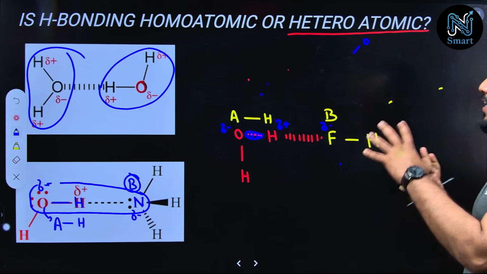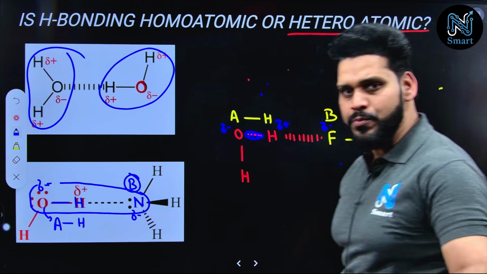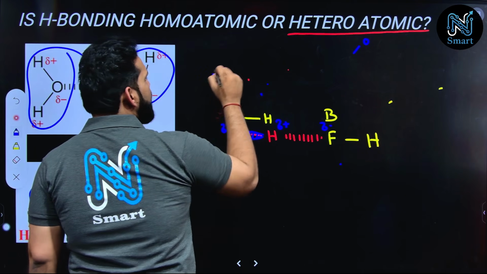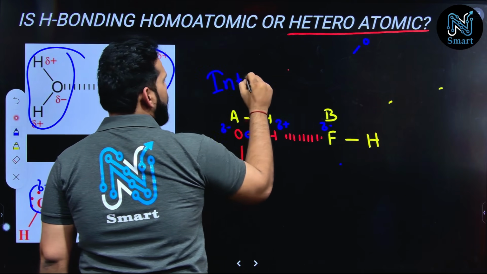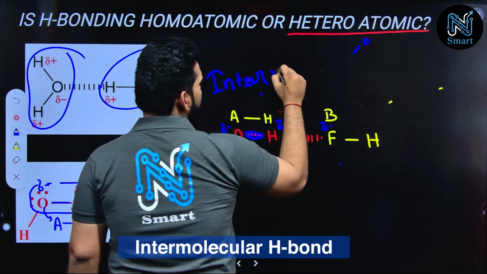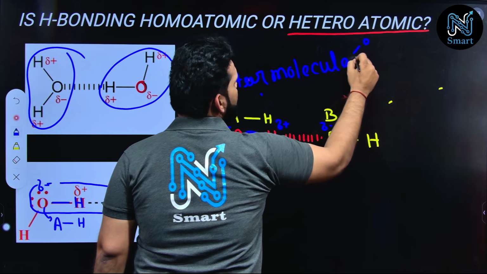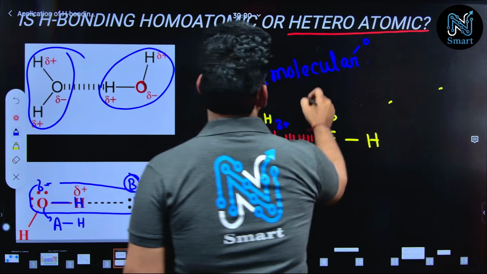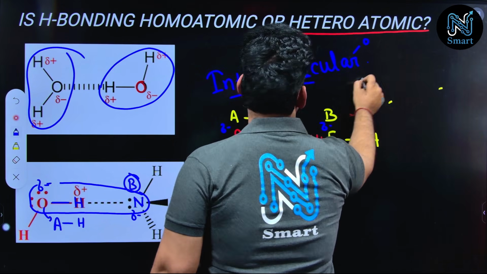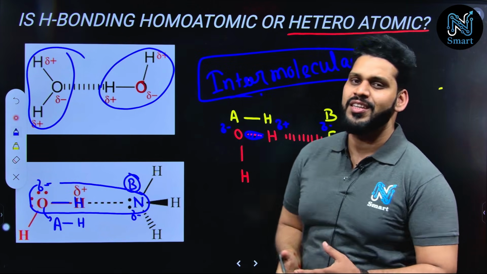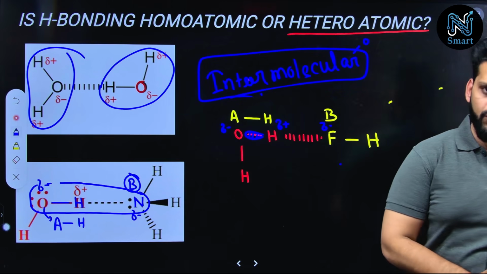But does it always have to be between 2 molecules? I have made you write that hydrogen bonding is intermolecular. This is what you have written already. Hydrogen bonding is intermolecular, right? But does it always have to be intermolecular, or is there any chance that it can be intramolecular also?